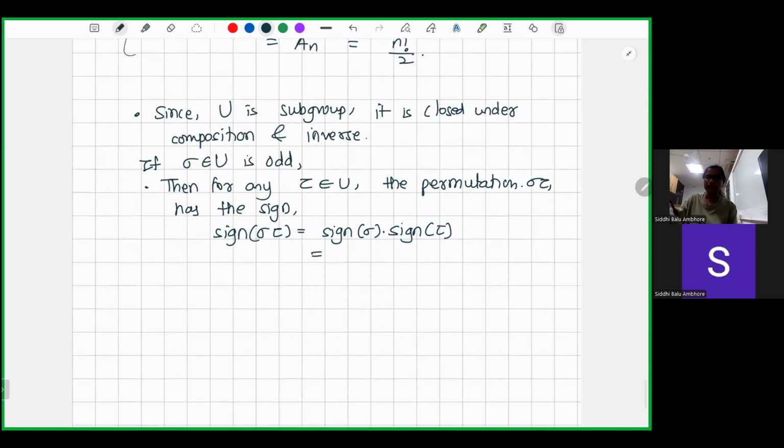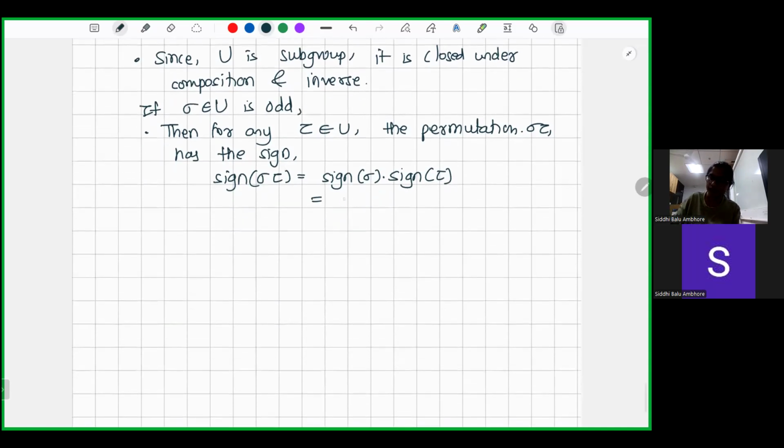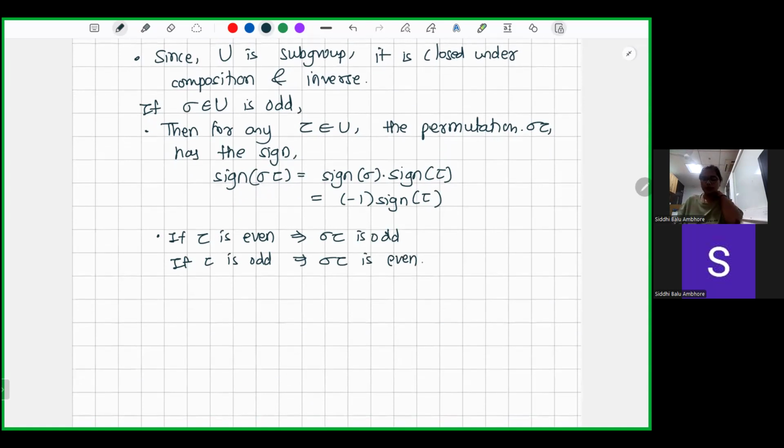But sigma I chose to be an odd permutation, so it will be -1 times sign of tau. So if tau is an even permutation, then sigma tau is odd, and if tau is odd, this implies that sigma tau is even, right?